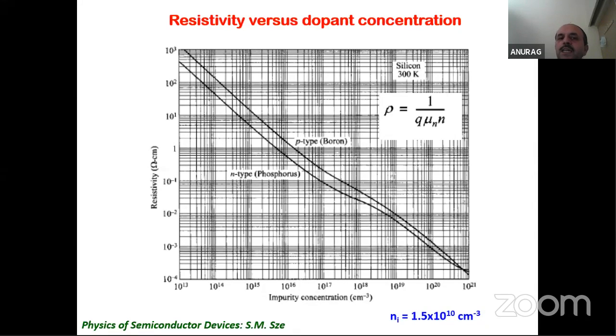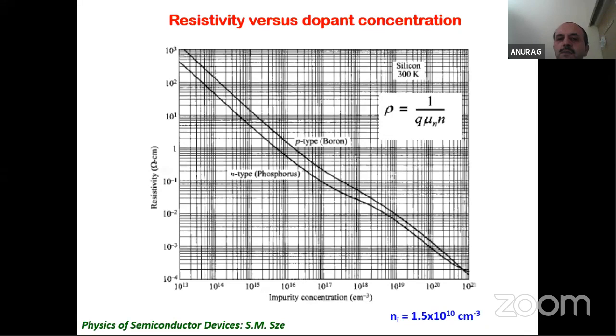We can modulate the resistivity of these materials by many orders of magnitude, which is not possible in insulators and conductors like metals. You can see how much the corresponding impurity or dopant concentration varies, from 10 to the power 13 per centimeter cube up to 10 to the power 21.